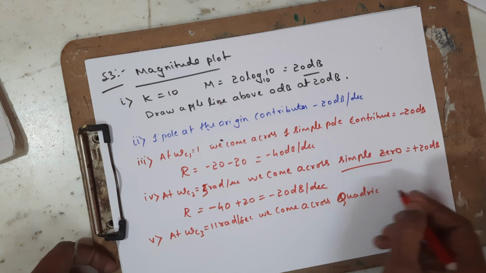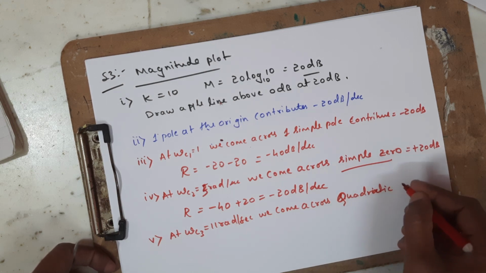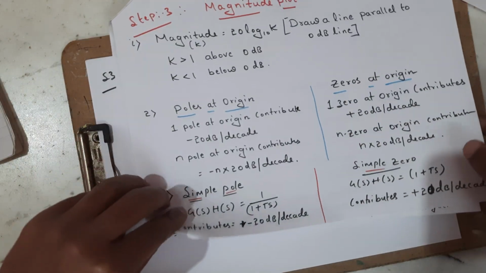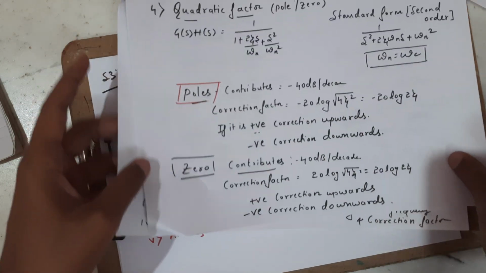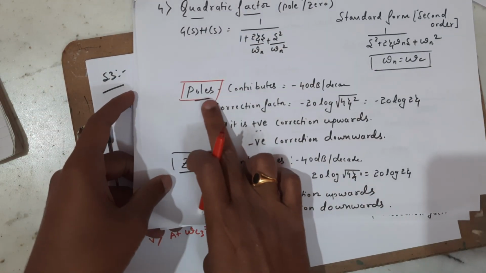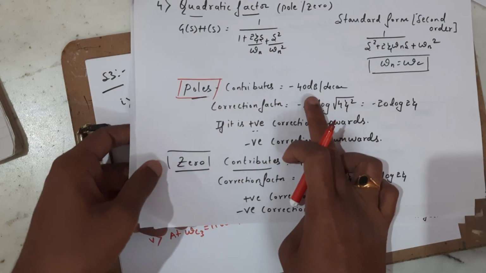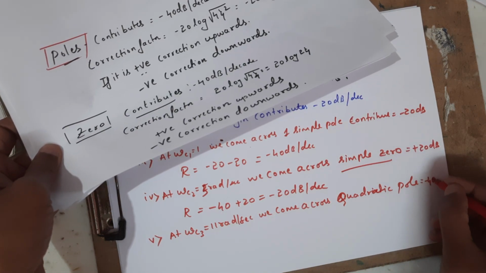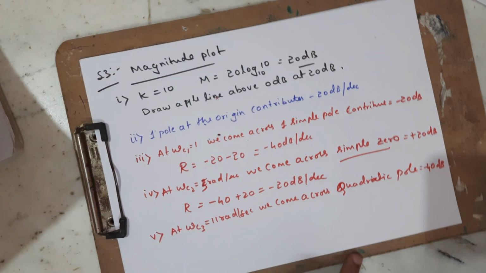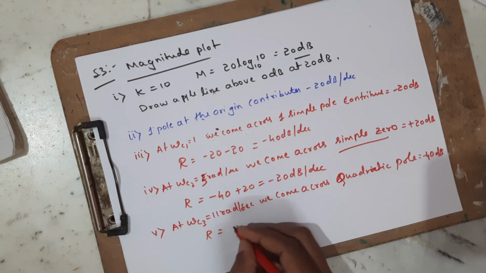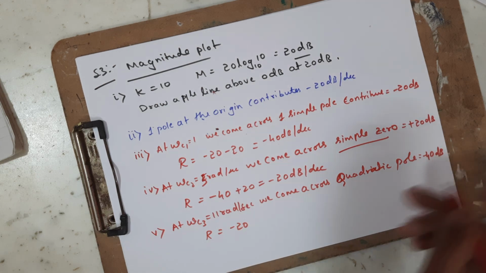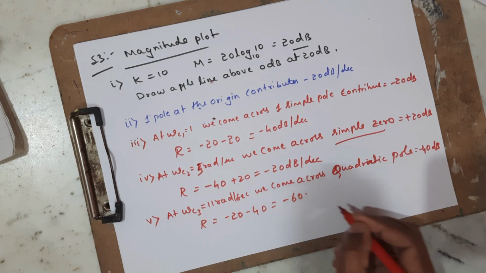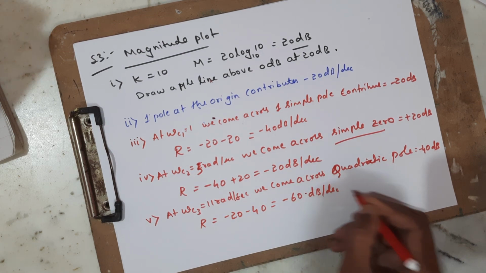Let us see what the contribution of quadratic poles is. A quadratic pole is going to contribute minus 40 dB per decade. Therefore, what is the resultant slope? The previous slope was minus 20, the contribution of this quadratic pole is minus 40, therefore it is minus 60 dB per decade.